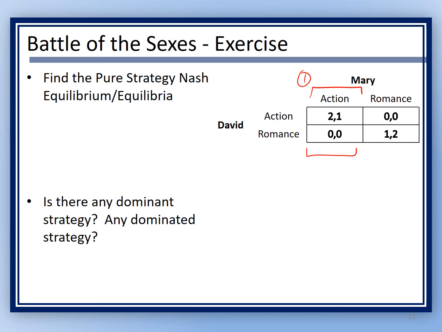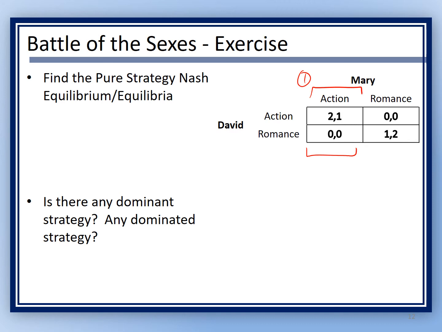You have David and Mary. They are dating and they want to go watch a movie together. David likes action movies. Mary likes romance movies. But the point is they have to go together. So what will happen? Do they go to the action movie together or the romance movie together, or do they each go to their own movie?